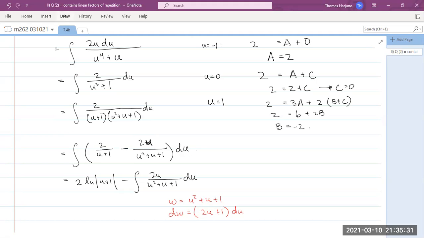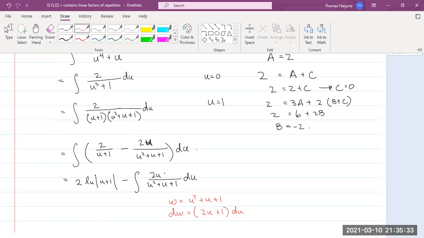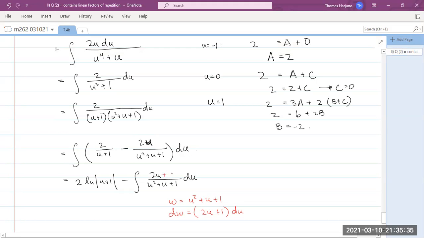Take a look. I will plus 1 here and then minus 1. It's basically adding 0, right? But my plan is this is the derivative of the denominator, right? You see it here. Okay.